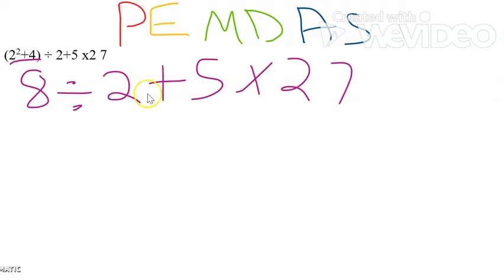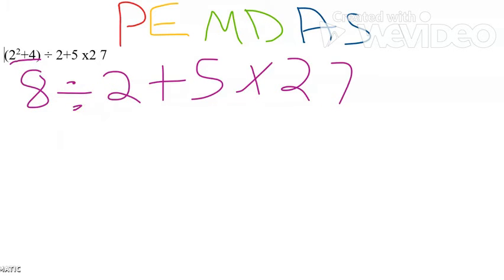Now we need to move on down the line. We've already looked for parentheses. We've already looked for exponents. Now we need to see if we have any multiplication or division. And we're going to do those in the order that we see them. Multiplication is not necessarily first. So in this problem, it just so happens that division is first before multiplication down the road. So let's solve for that division. 8 divided by 2 equals 4.